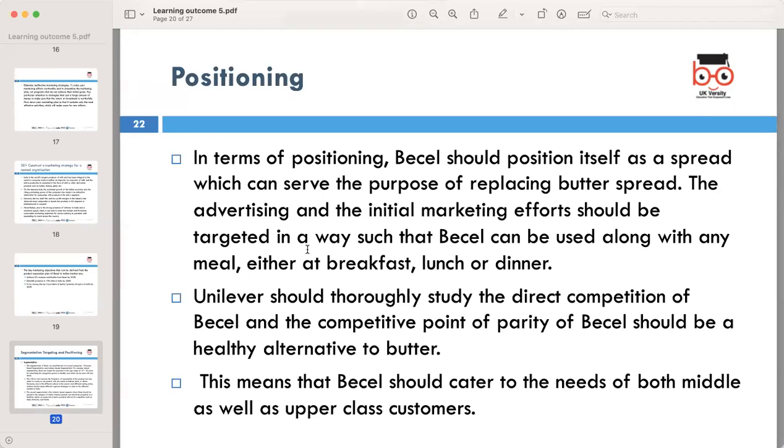So by employing these segmentation, targeting and positioning strategies, we aim to establish Becel as a leading choice in the Indian market, appealing to a broad range of consumers seeking healthier options for their daily meals.